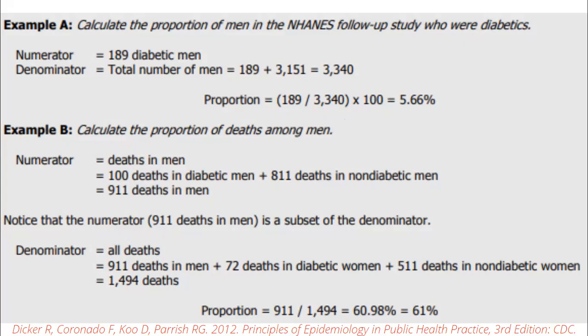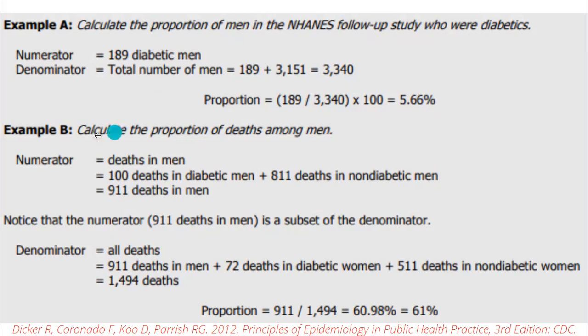Because proportion is better expressed as a percentage, and to express it as a percentage, we multiply it with 100. So 189 divided by 3,340 times 100. There is a parenthesis here, so we get the quotient first, and then we multiply it with 100. We get a result of 5.66%. That is the proportion of diabetics to the total number of men.